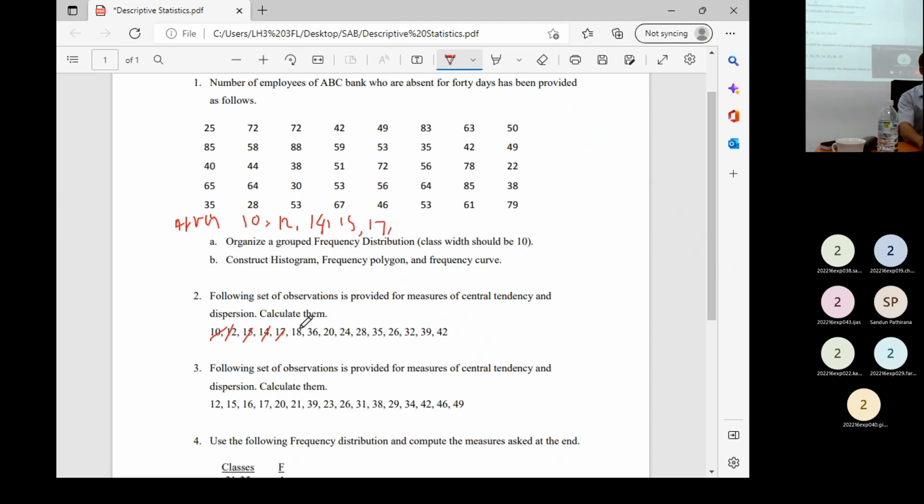Like that you can continue: 18, 20, 24, 26, 28, 32, 35, 36, 39 and 42.